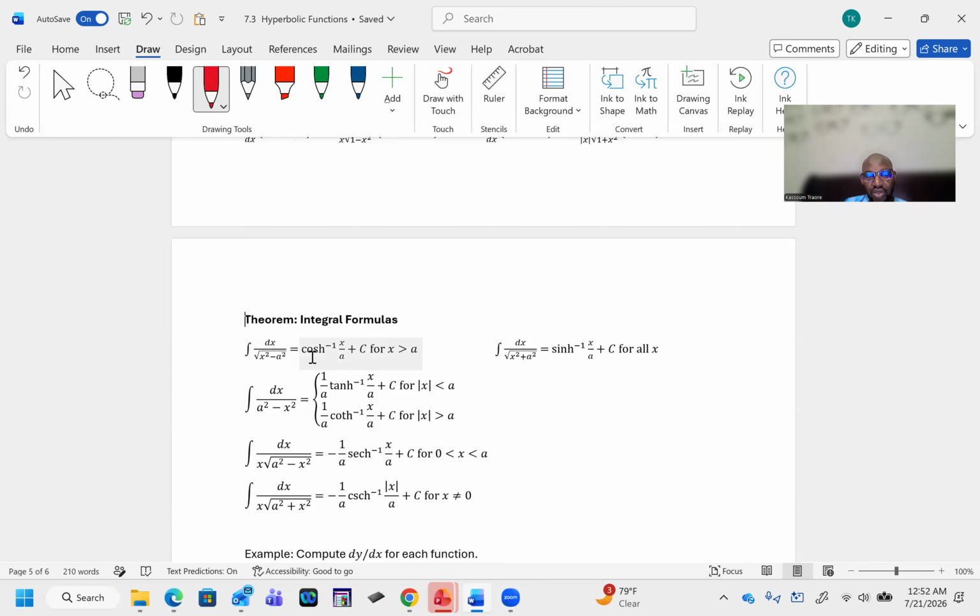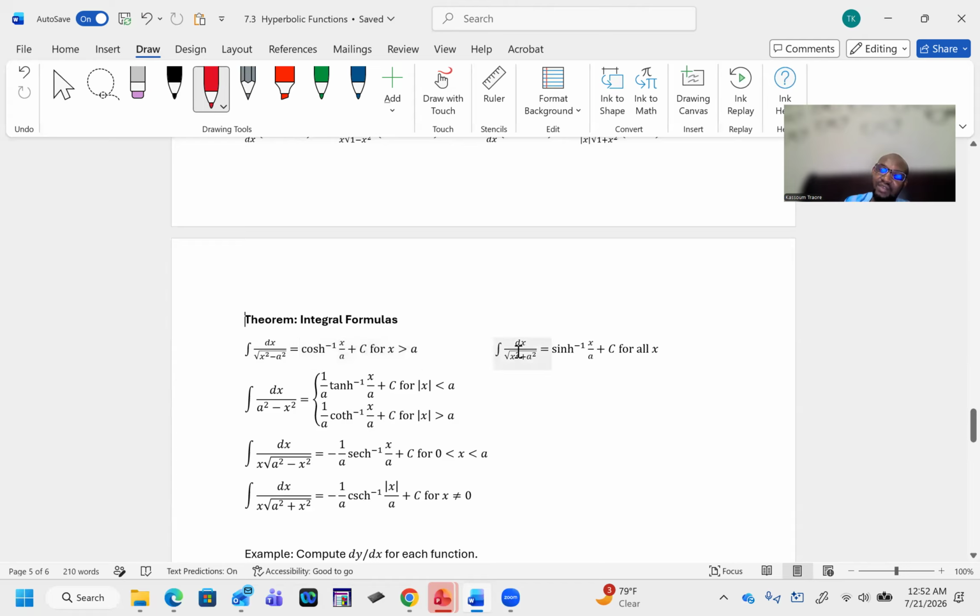You can see the integral of dx divided by square root of x squared minus a squared. If you have this form, you need to think about the inverse hyperbolic cosine of x divided by a, plus c.